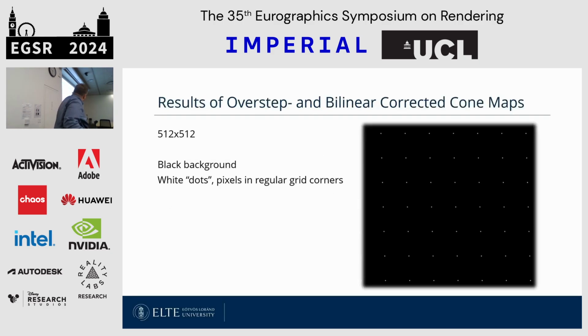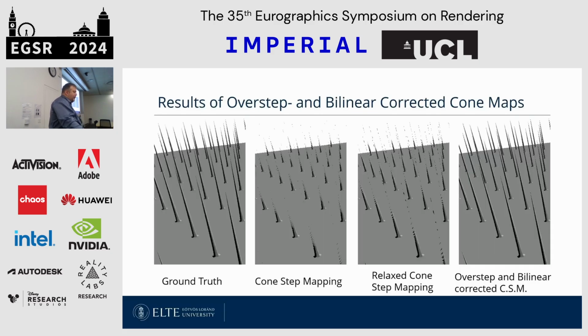I hope it can be seen. There is a test scene, which is 512 times 500 texels. It's basically a black background, meaning that most of the pixels are on the ground of the virtual box, except there are some white dots, like a discrete Dirac delta or something, in a regular grid. So let's see how these techniques can reconstruct this feature. On the left side, you can see a kind of ground truth.